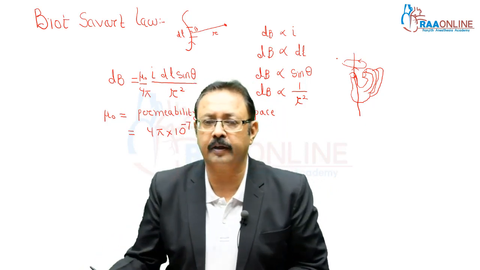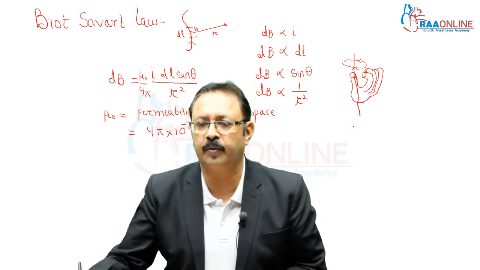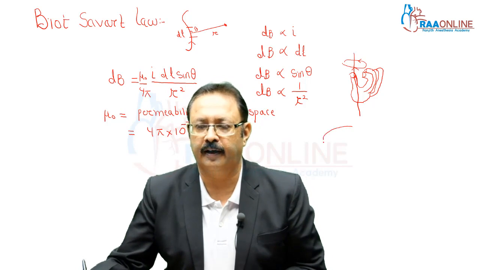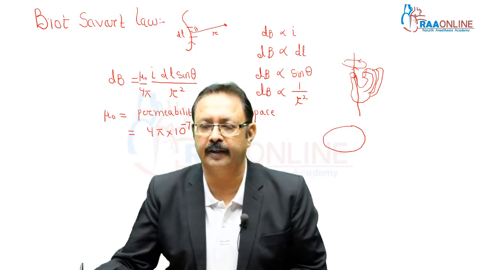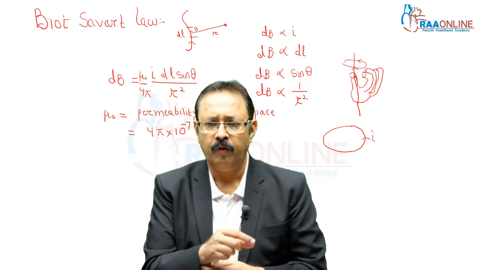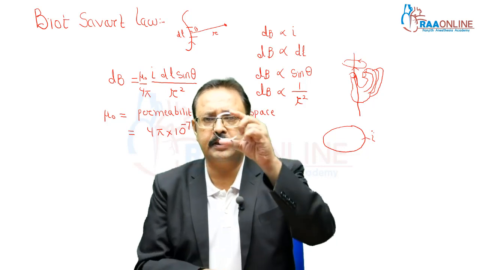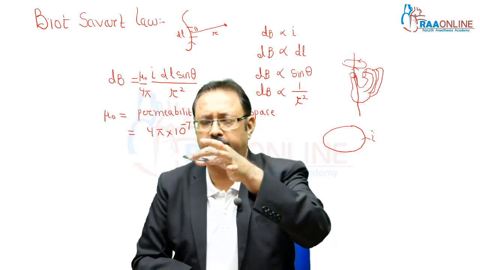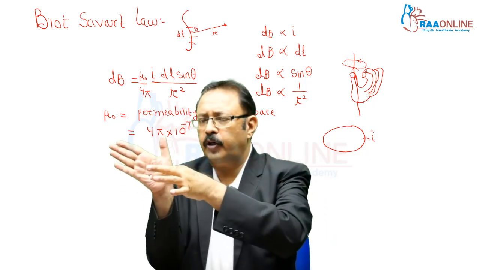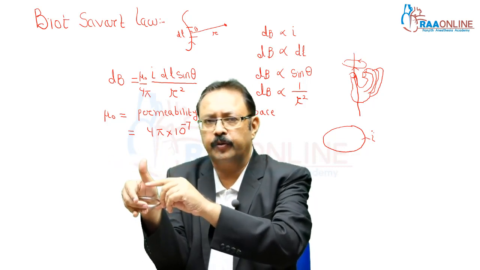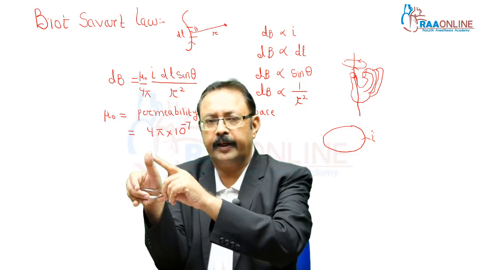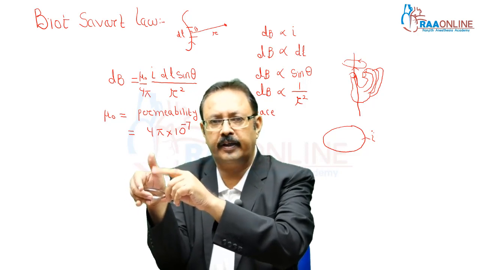And if your conductor is circular, suppose it is a conductor, I current is flowing in this direction. What we have to do? This is a circular conductor. Curl your fingers in the direction of current. For the right hand, thumb will give you the direction of magnetic field.